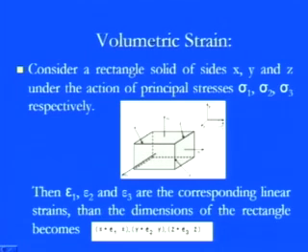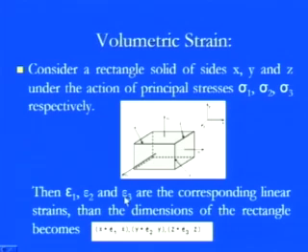If these three stresses are equally distributed over this element, then sigma 1, sigma 2 and sigma 3 act on the principal planes, so these are the principal stresses. Due to the application of the principal stresses, we have the principal strains, epsilon 1, epsilon 2 and epsilon 3, the corresponding linear strains.